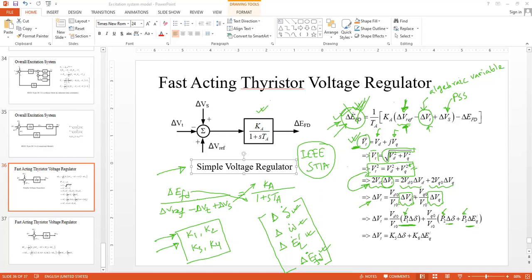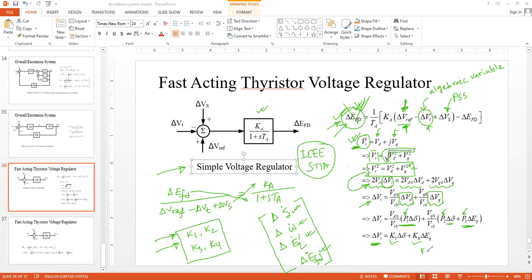That means we can replace del Vd by P1 del delta and del Vq by P2 del delta plus P3 del Eq prime. This is already done in our earlier lecture. Then we can get the del Vt expression in terms of two more K constants. Two additional K constants would be introduced. So del Vt can be expressed as K5 del delta plus K6 del Eq prime.